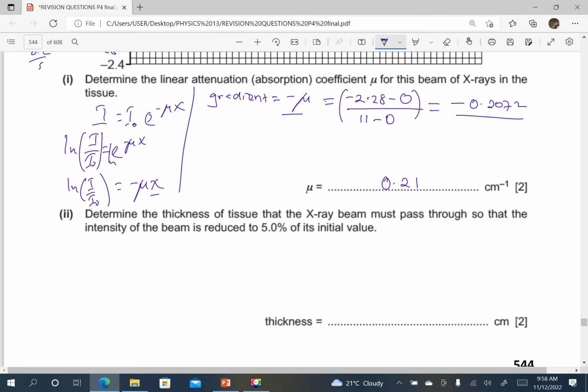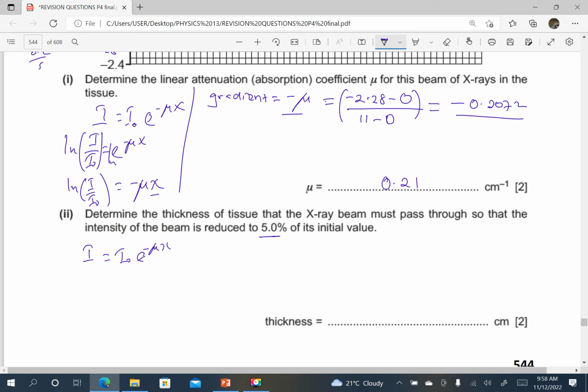Okay. Determine the thickness of tissue that the X-ray beam must pass through so that the intensity of the beam is reduced to 5.0% of its initial value. So remember, the intensity transmitted I is equal to I naught e power negative mu x.